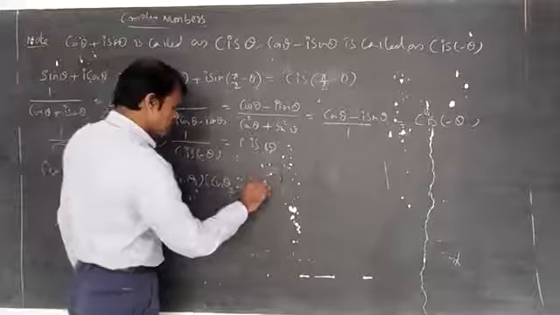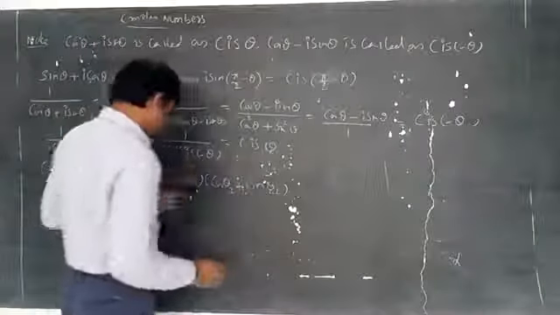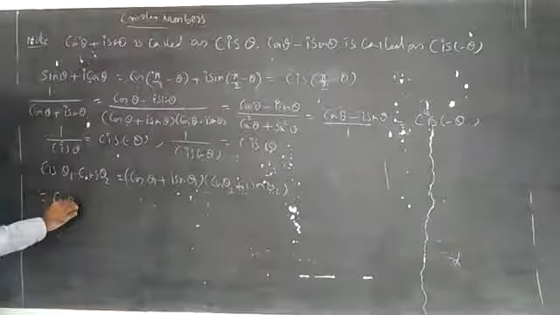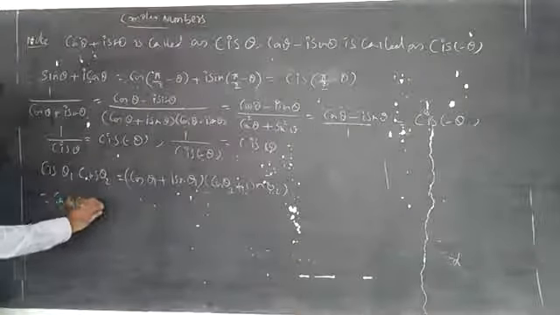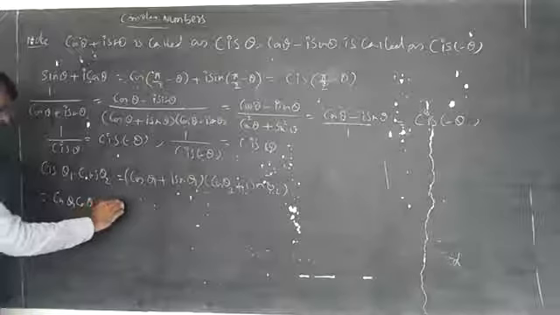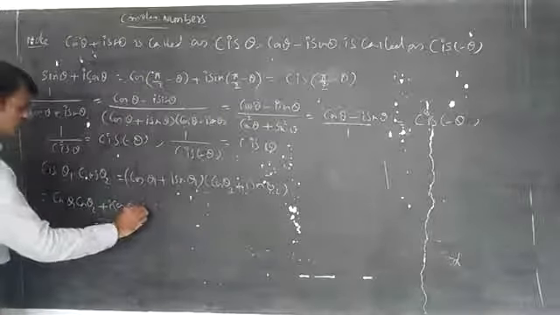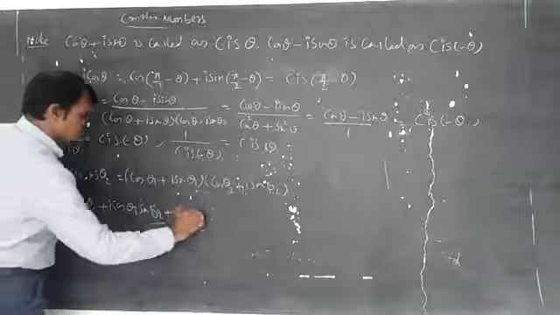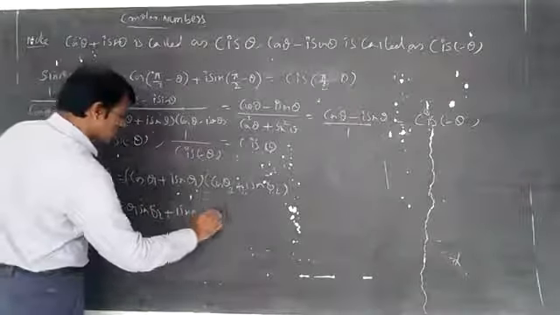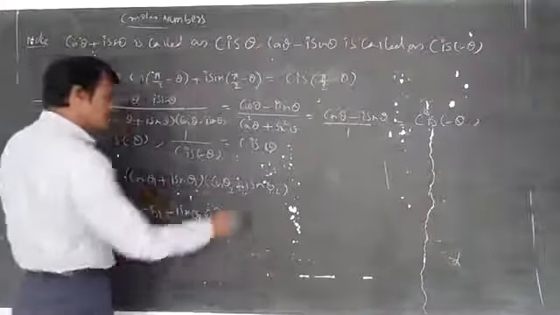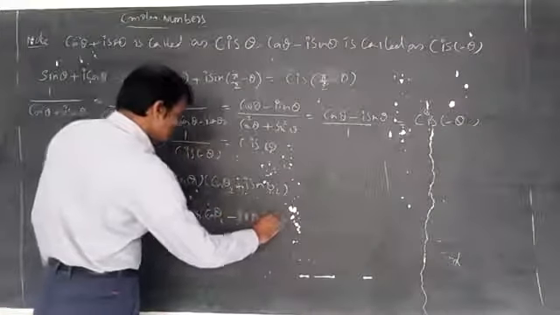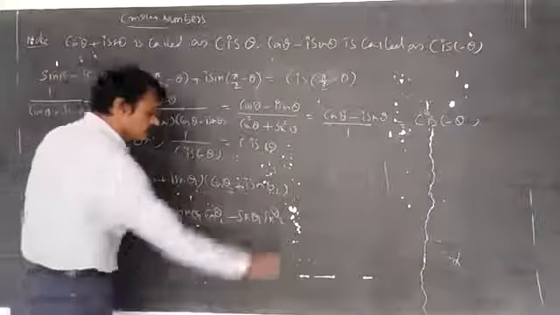If you multiply, you get cos theta 1 cos theta 2 + i cos theta 1 sin theta 2 + i sin theta 1 cos theta 2. I into i becomes i², that is minus sin theta 1 into sin theta 2.